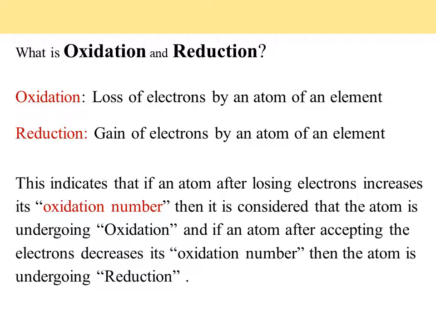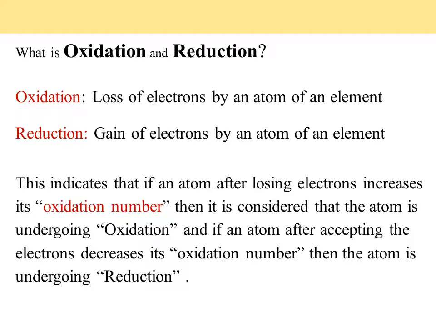So we can say the oxidation number of carbon has increased. And if an atom after accepting electrons decreases its oxidation number, like iron, which is undergoing reduction, then the oxidation number of iron in Fe2O3, the reactant, decreases on the product side, and hence it is undergoing reduction.